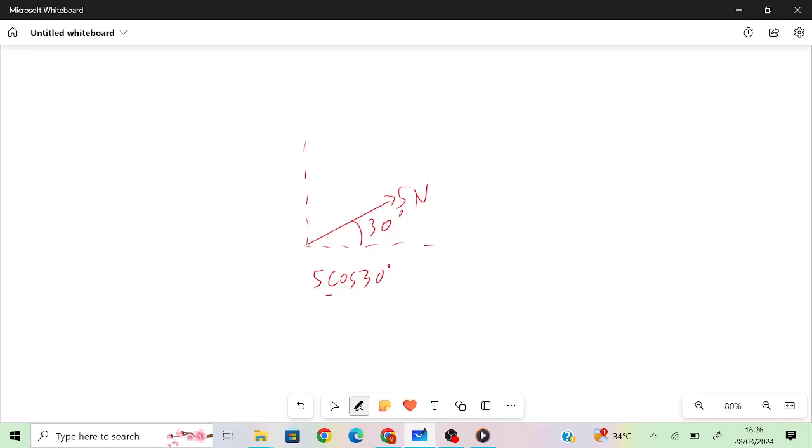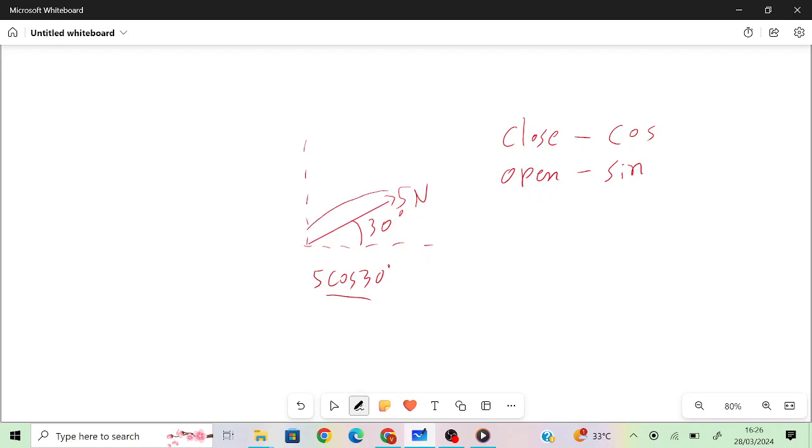Now, why cos 30? That's what you're wondering probably. There's a certain norm that goes with resolution of forces, and that's when you're closing an angle, you use cos, and when you're opening an angle, you use sine. Now, we used cos here. That means we're closing the angle, and if you look at it, it does make sense.